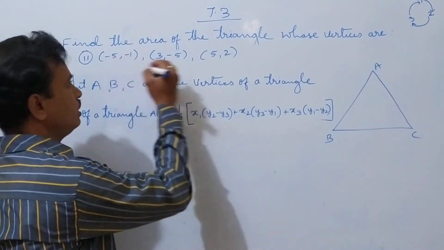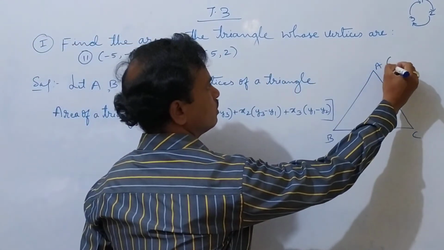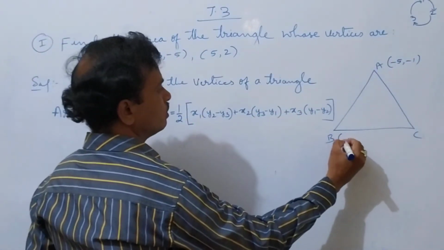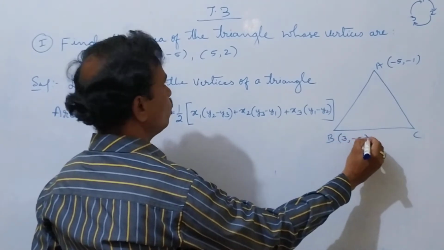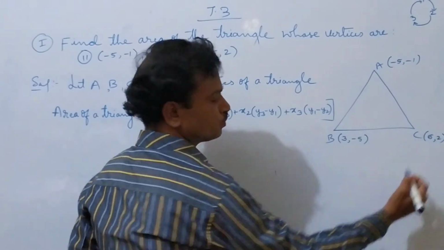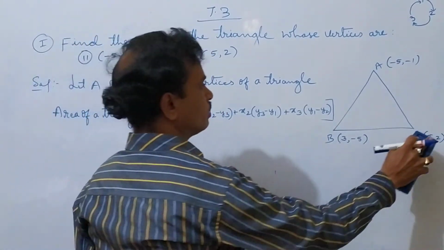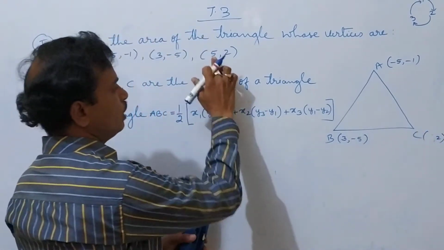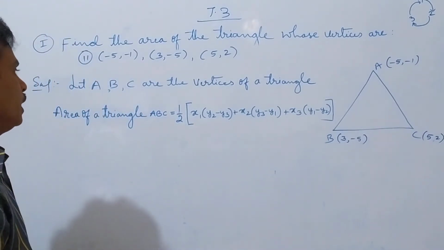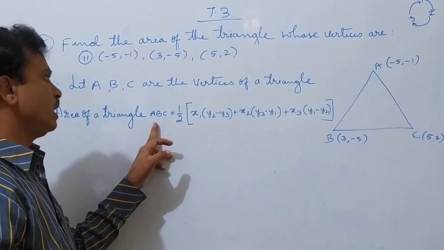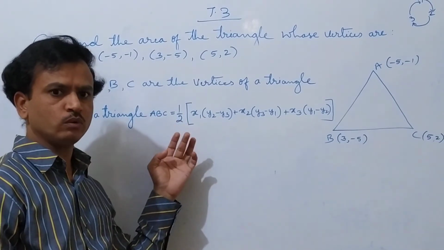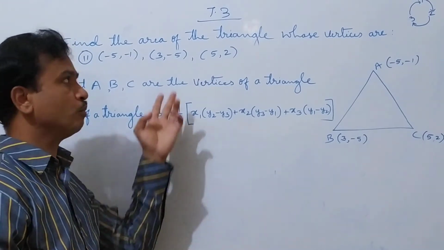A is (minus 5, minus 1), the next point is (3, minus 5), and C is (5, 2). Then the area of triangle ABC, you know the formula from the previous problem, where I told you how to remember it.